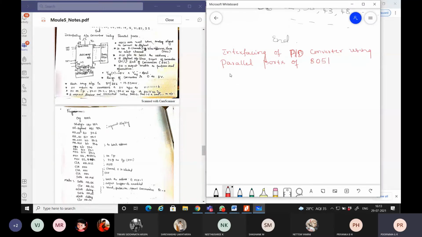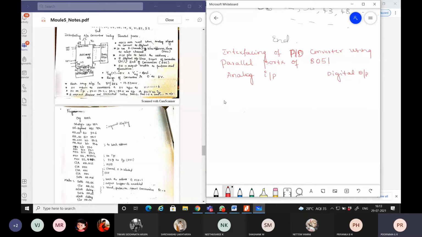First let us understand. If you are taking this analog input, how will you get the digital output? First let us see, and then to convert this analog input into a digital output, what type of converter we have to use, what are the different types of converters we have, and what the internal circuitry is.